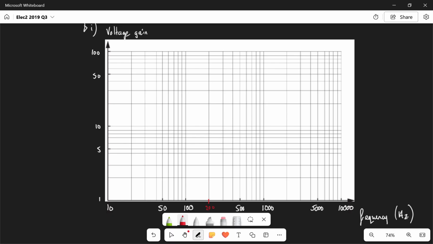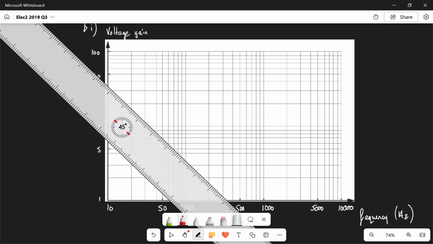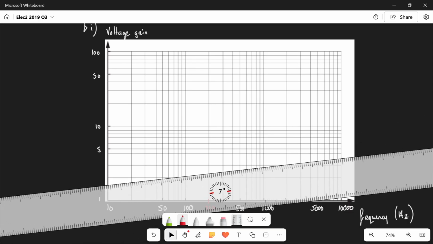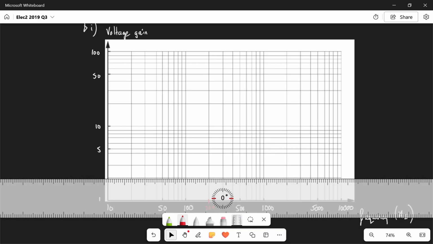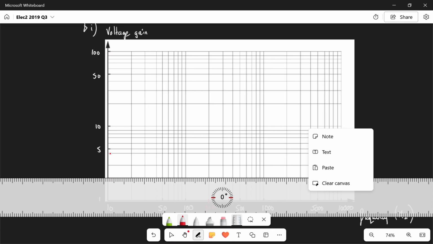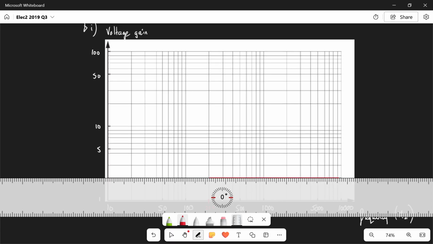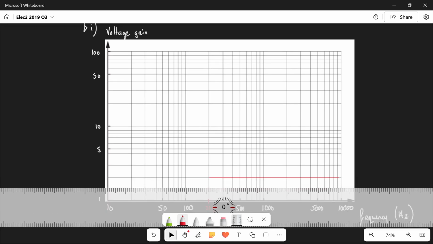So this is 200 hertz, and that's where things change. Above that, what we have is a constant value. So we can put in a line there, and it's good always to use a ruler as far as these questions are concerned.